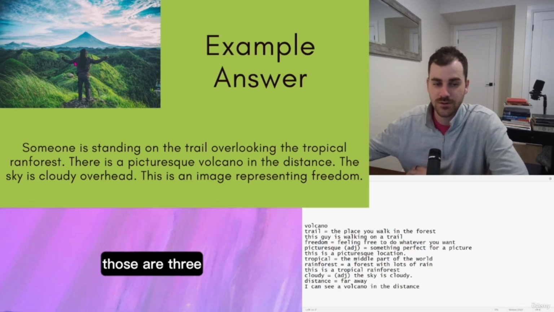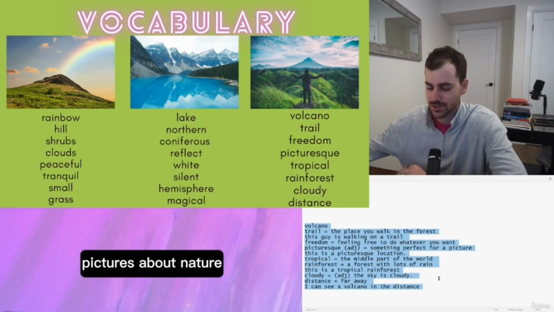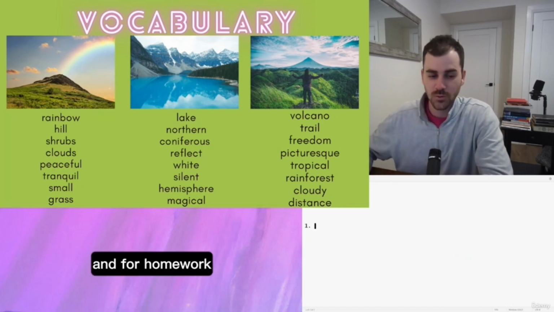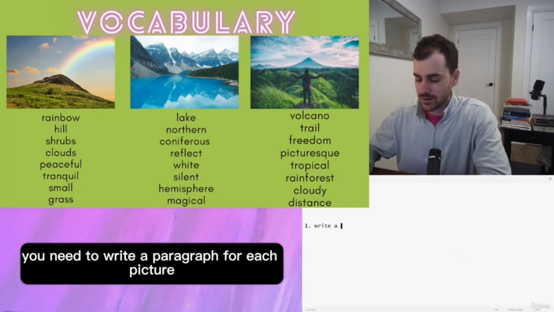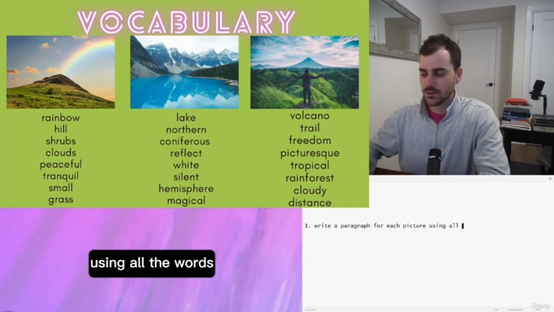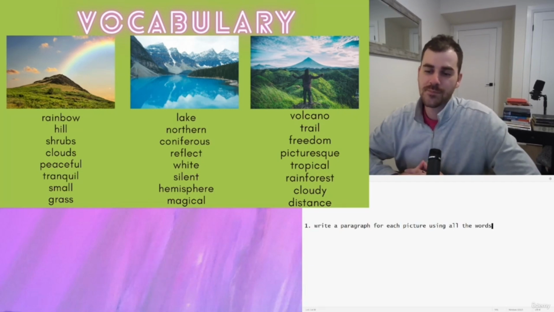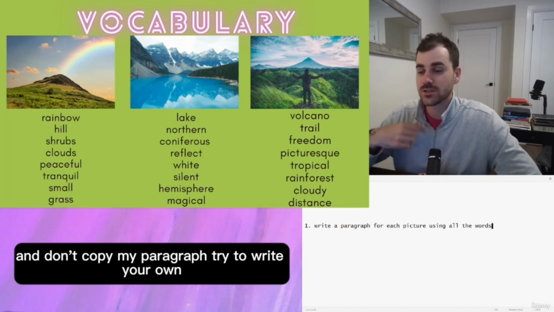Well, very good. Those are 3 pictures about nature. And for homework, you need to write a paragraph for each picture using all the words. Okay? And don't copy my paragraph. Try to write your own.